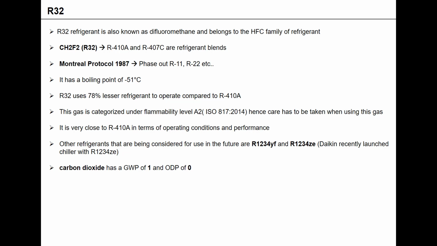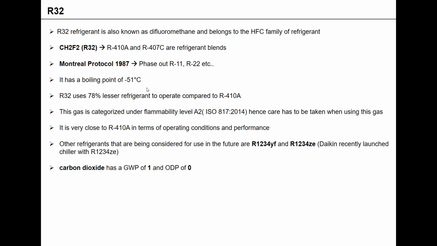R32's boiling point is minus 50 degrees Celsius, and as I said, R32 is more efficient than R14, so it requires less refrigerant to develop a similar capacity model. But R32 has a little flammability, so we have to take care while using it. You can see ISO 817-2014 for more information.